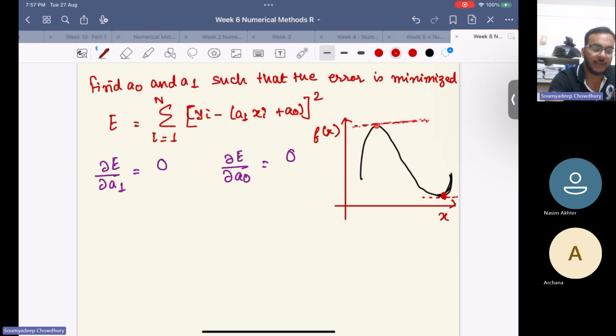So what is the slope of a line parallel to the x-axis? Archana, can you tell? It is equal to 1, sir. Slope of a line parallel to x-axis is equal to 1?